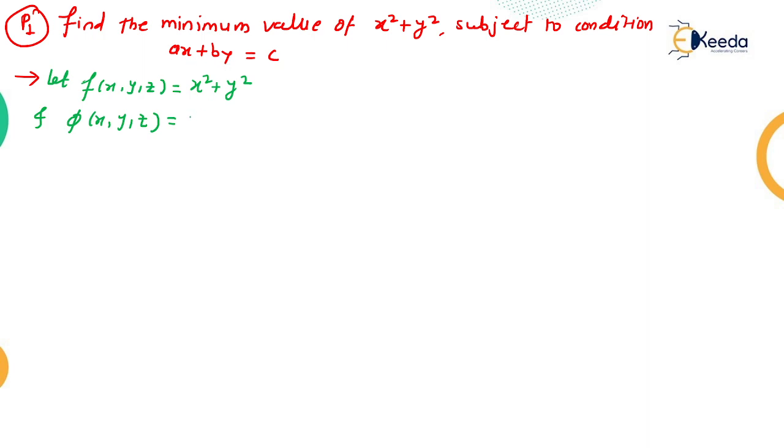I am writing this now in this way, and always remember to write it this way: ax plus by, and now this RHS part is shifted to the LHS, so it becomes minus c, and you take the RHS as completely 0. That is the function phi of x y z. So f of x y z is the given function, and phi of x y z is ax plus by minus c, which is called the conditional function.